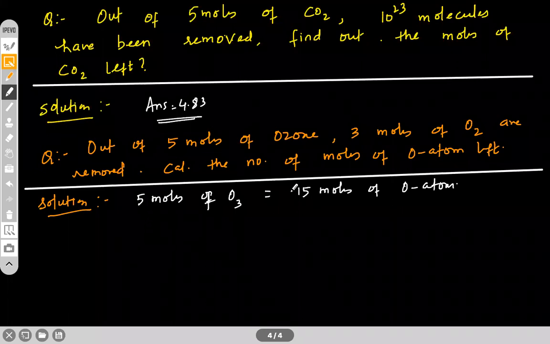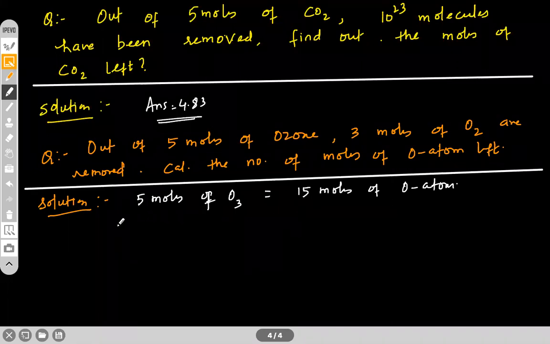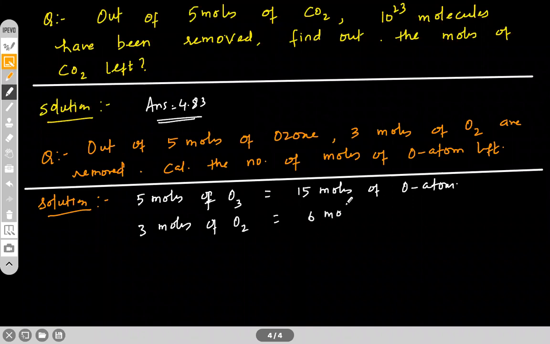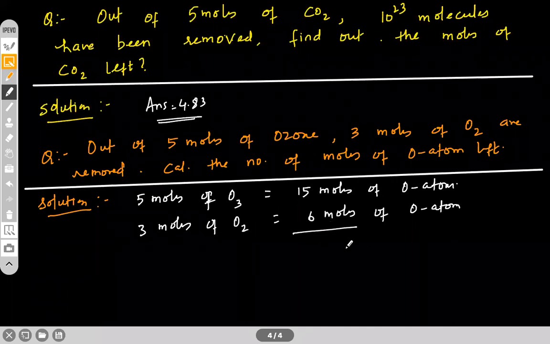And out of this 15 moles, 3 moles of O2 has been removed. So 15 moles of oxygen atom minus 3 moles of O2, which is 6 moles of oxygen atom, gives 9. So 9 moles of O atom left.